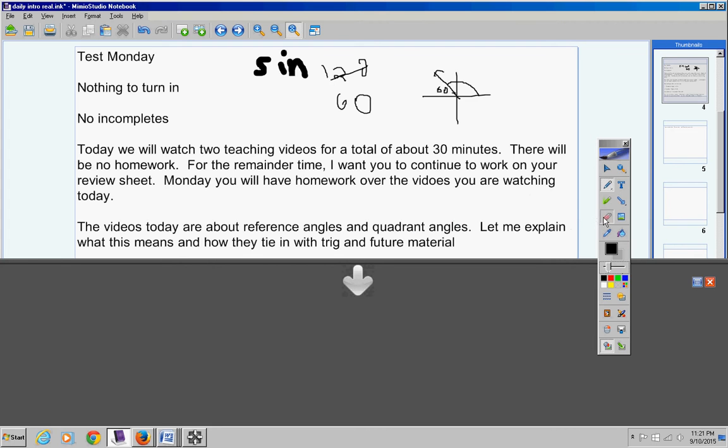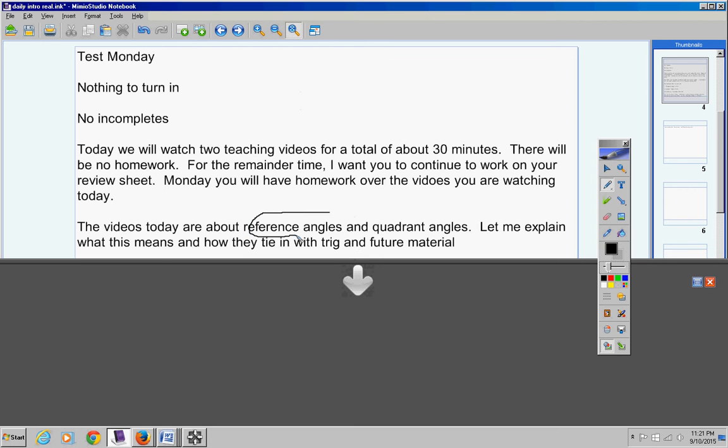Quadrant angles are angles that fall right on the quadrant. In other words, 0 degrees, or they fall right on the axis. 0 degrees, 90 degrees, 180, 270, 360, okay? And that's what quadrant angles are. So all of this material ties in with finding sine, cosine, tangent, cosecant, secant, cotangent of these different angles.